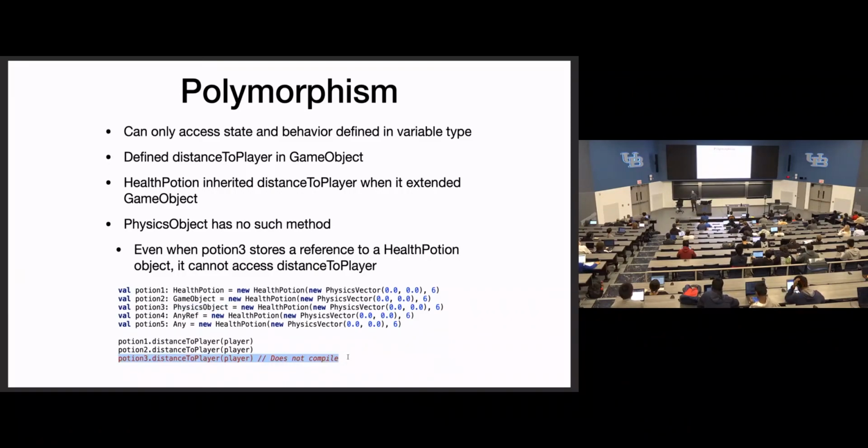The Scala compiler will not let us. So we don't have access to anything that's not defined in the type hierarchy of the variable, not the object. So even though potion 3, 4, and 5 have this method, we can't access it because of the variable that it is stored in. So the functionality goes by the variable type, not the object type.